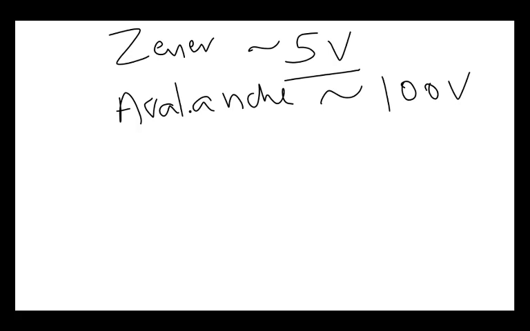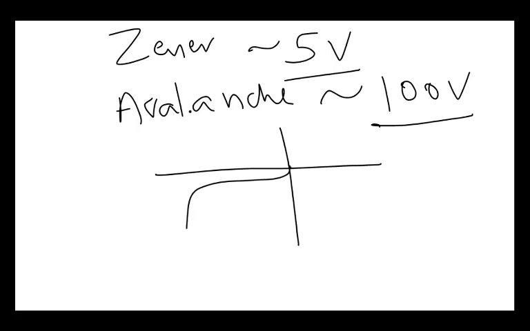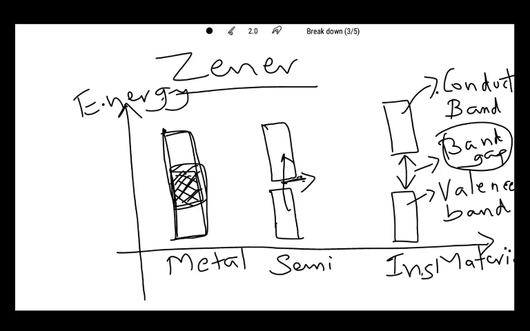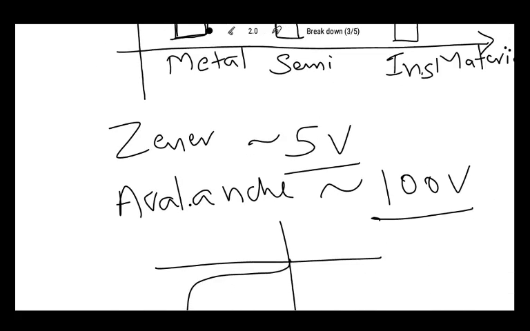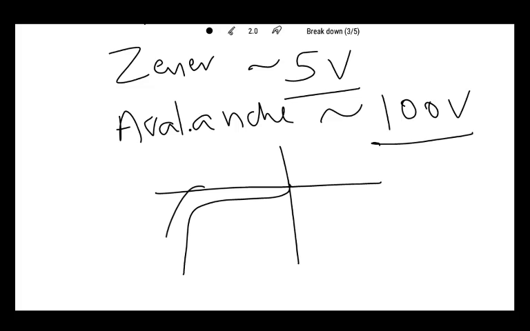And thus Zener diodes operate at lower voltages, while avalanche diodes operate at higher voltages. And remember, both of these are operated in the breakdown region, that is this region.